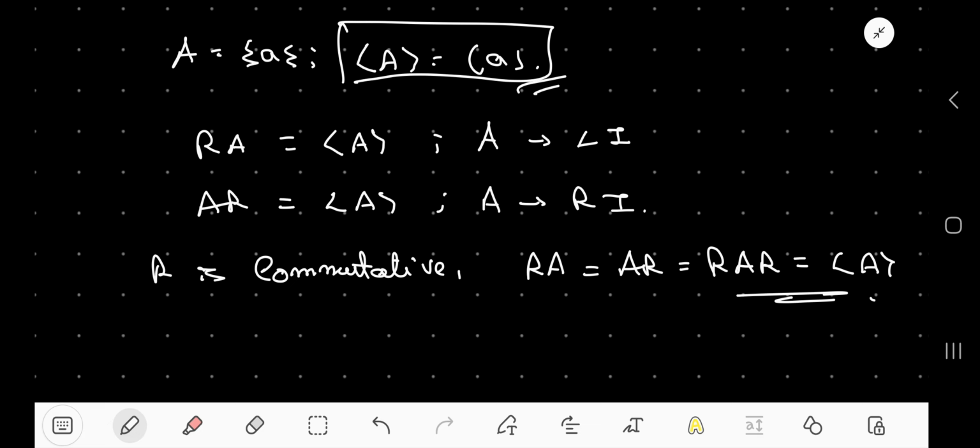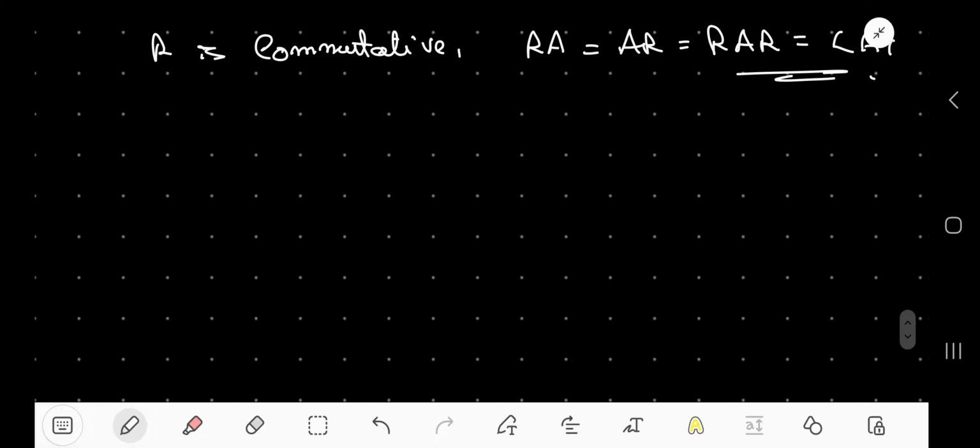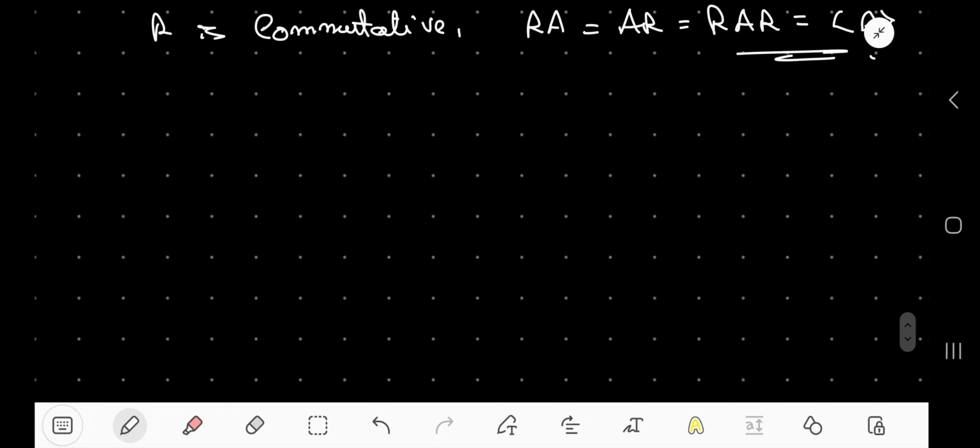Now the question is, why are principal ideals important? Typically, whatever concepts we try to study or examine in rings come somewhere as a generalization of what happens in the ring of integers. For example, when we study prime ideals, we will also see how we generalize the concept from what happens in the ring of integers.